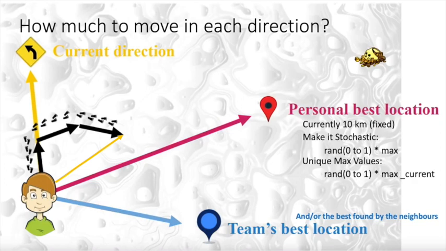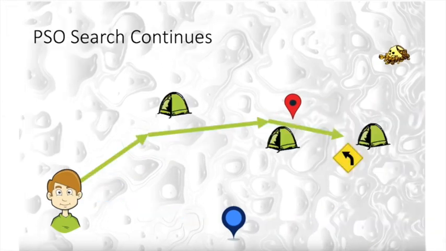So we can generate a random fraction for the current direction. Likewise, we can generate a random fraction in the direction of the personal best and the team's best. Because these are random fractions, sometimes we will go high in one direction and low in others, or vice versa. Hence, we shall explore different solutions.